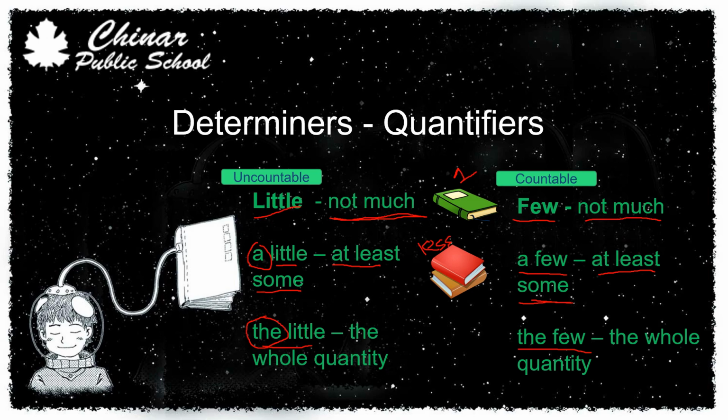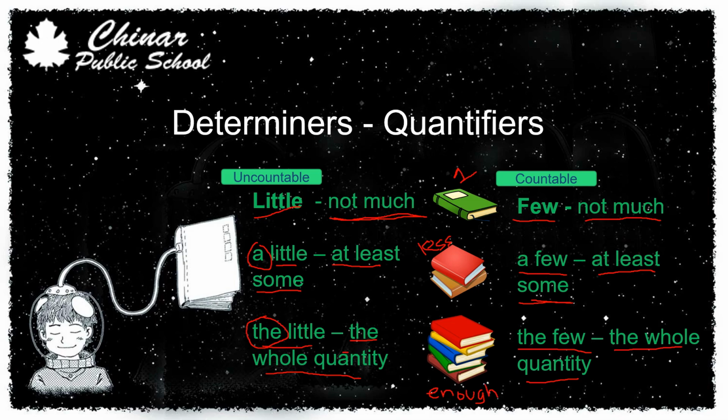Next is the little and the few. Now here it means that you have, though less, which is not sufficient, but whatever it is, it is complete. Like suppose you say, continuing with our previous example, the few books in my bag are sufficient for today. That means you almost have all the books in your bag, but maybe 1 or 2 books are missing.